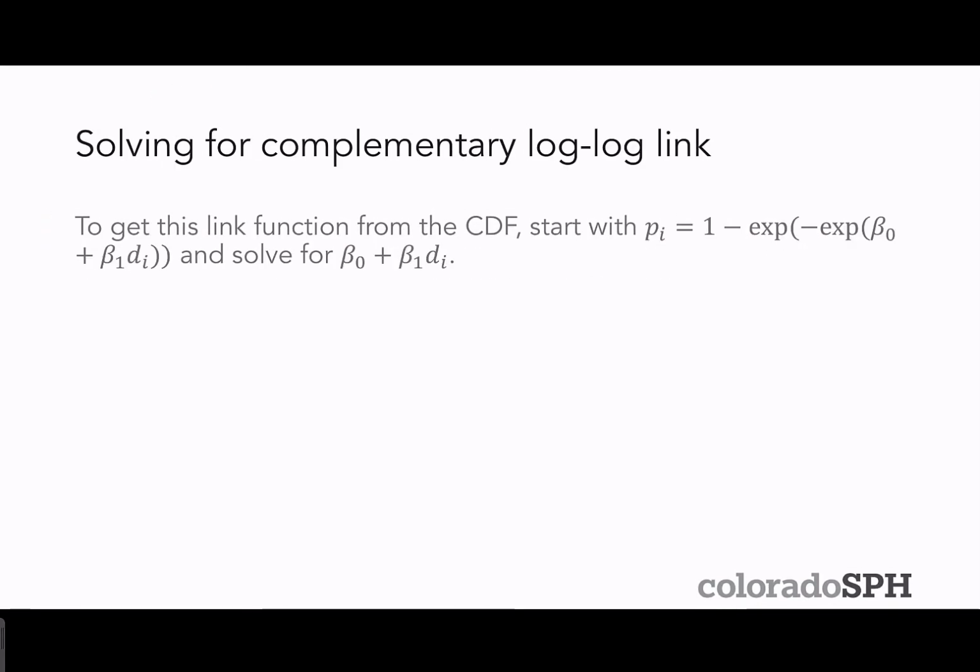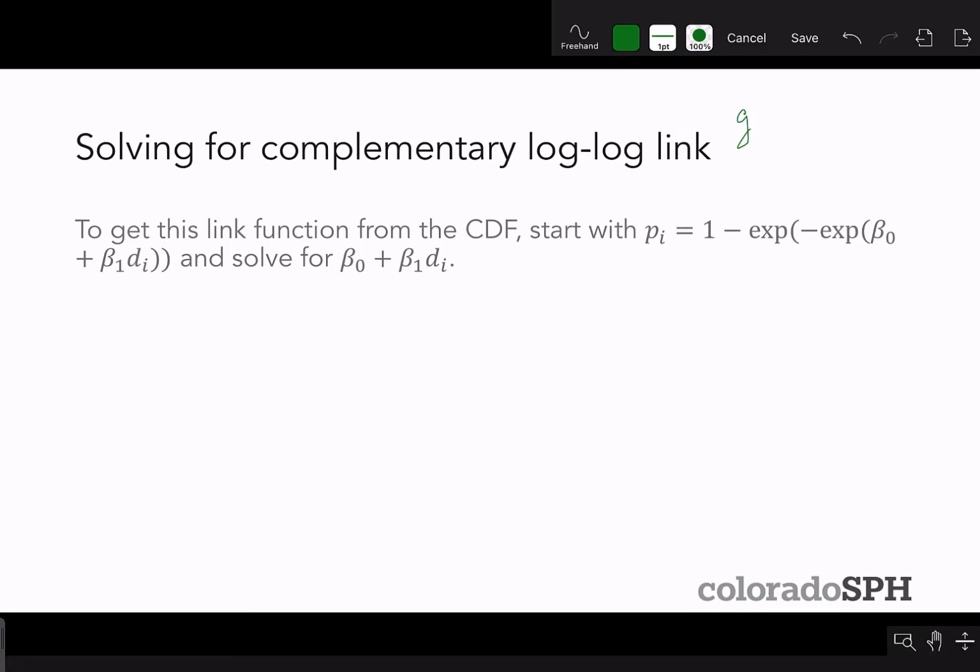You might ask where that comes from. So in the GLM framework, we're interested in modeling g, some link function, of pi equals xi transpose beta.